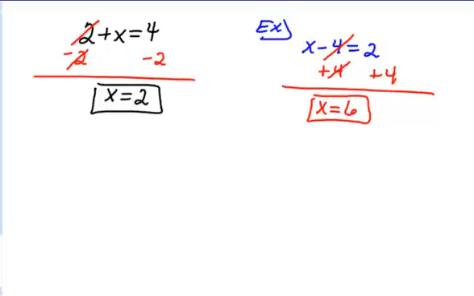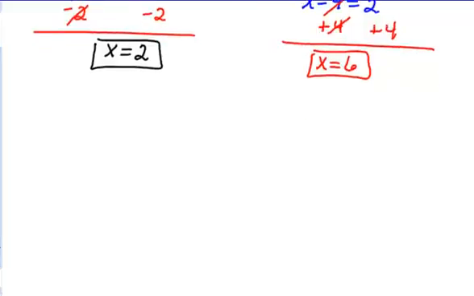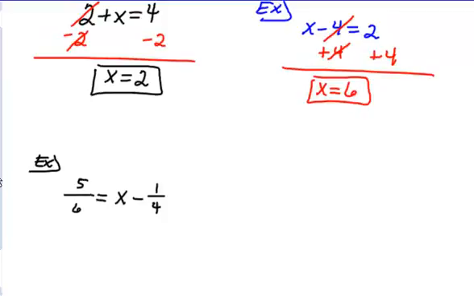Okay, good. Let's use a fraction to make sure people don't freak out when they see a fraction. Here's another example. And I just now put x on the right-hand side. Is that acceptable?